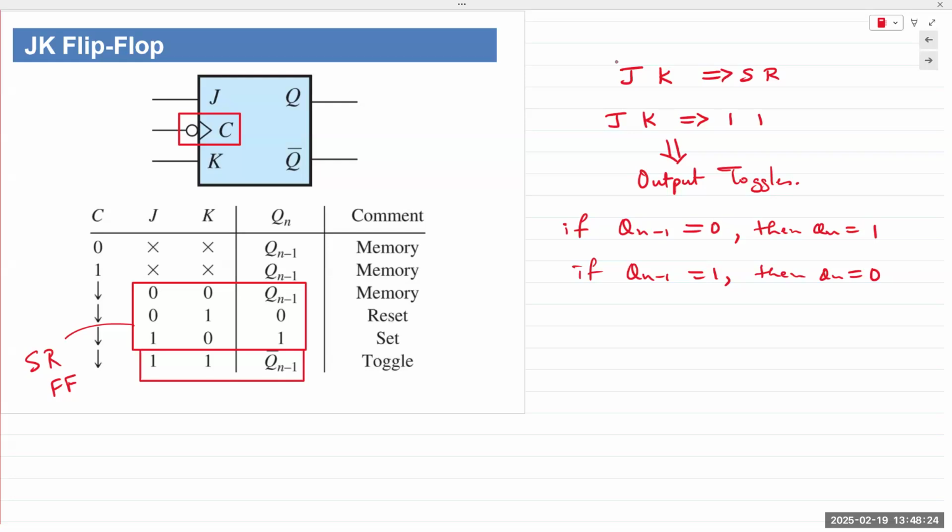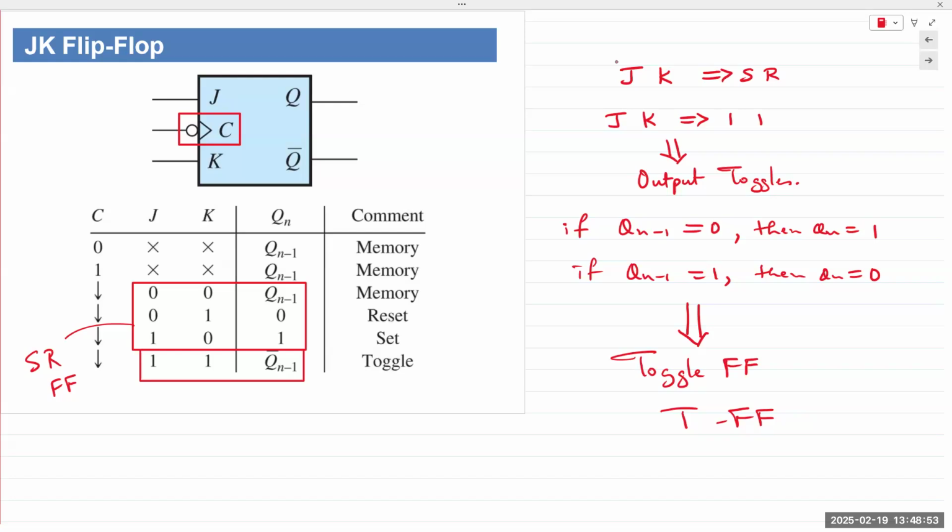And there's a name for this kind of flip-flop, known as the toggle flip-flop or T flip-flop. And you're going to implement this in the lab. In your lab kits, I believe there's a JK flip-flop.